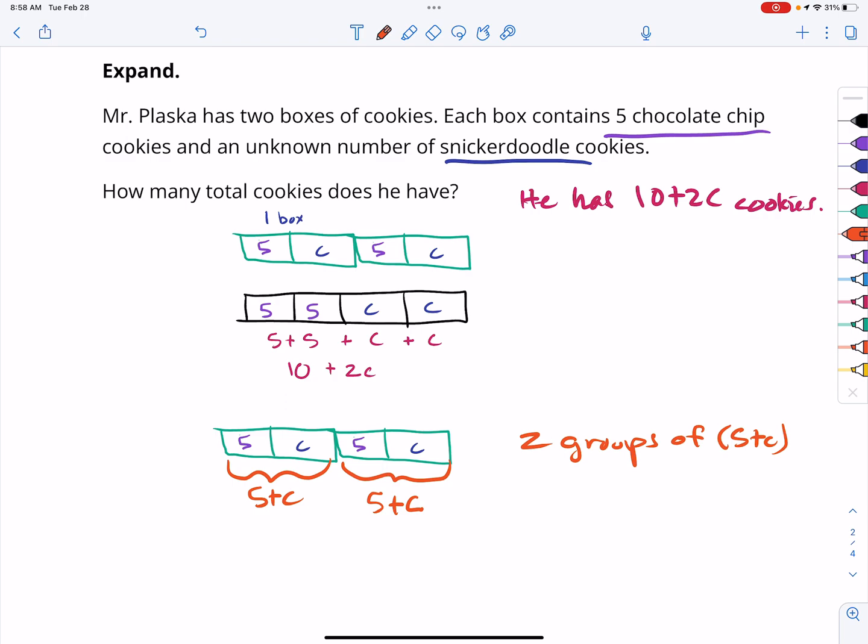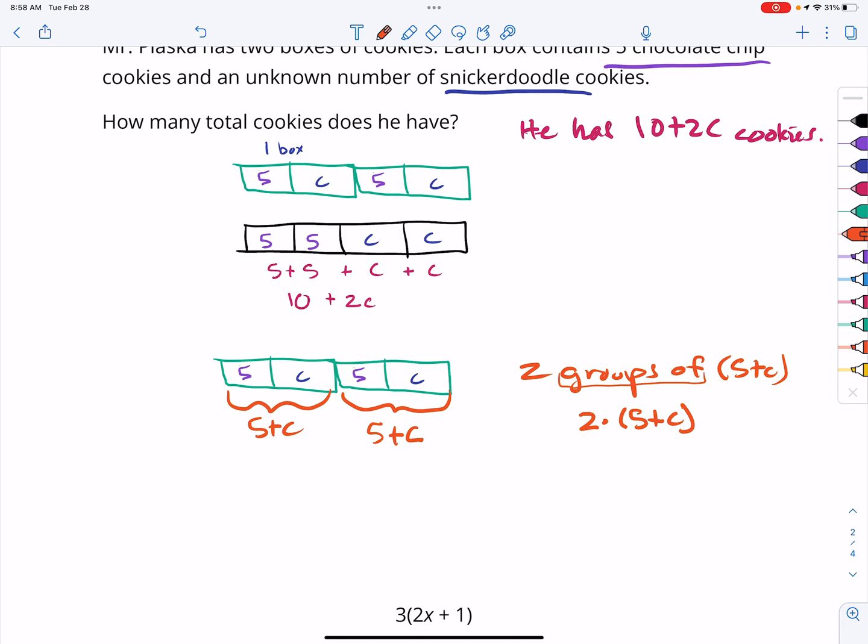Now when I say groups of, that tells me multiplication. And so what we have is 2 times 5 plus C. And in algebra, we would write that as 2 right next to the parentheses, like that. So all of these things are equivalent to each other.